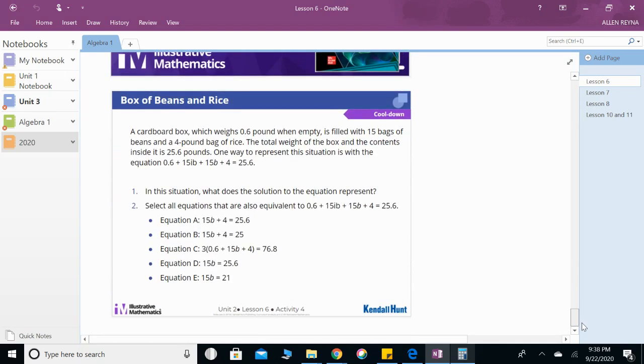It should look something like this. This is your cool down. It gives you an equation and asks, what does the solution represent? If you're solving for B, what does B mean in terms of the problem? And for number 2, it says select all of them that are equivalent equations. All right, thank you guys.